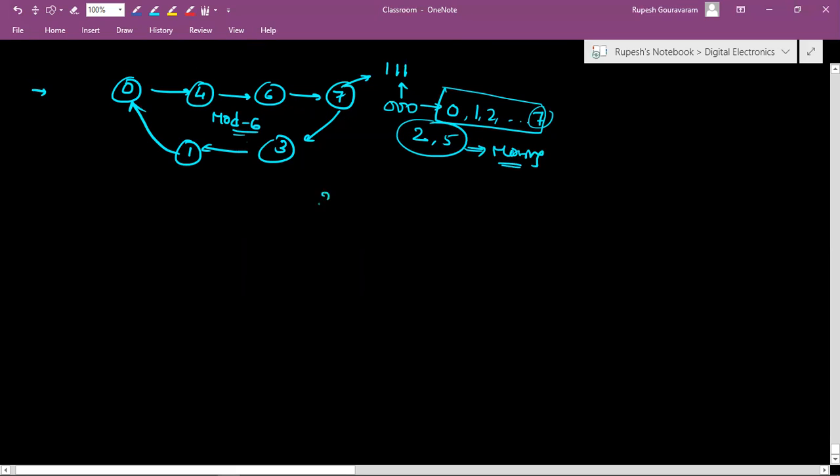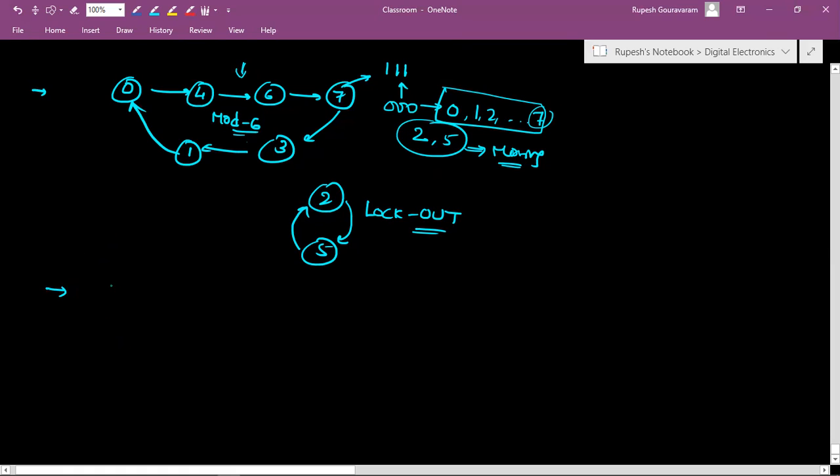If 2 occurs it goes to 5, and if 5 occurs it goes to 2, I'm just saying an example. If it happens like this, then this is also a lockout condition. So 2 and 5 are unused states. In this particular scenario, there is a mod 6 counter, and when 2 or 5 occurs, interchangeably the other digit will occur. So this is not a self-starting counter.